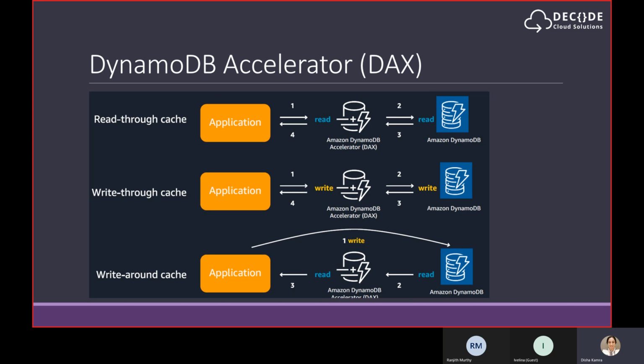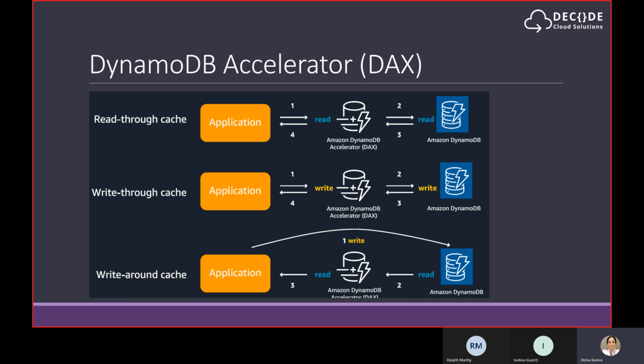DAX is fully API compatible with DynamoDB, so clients need only initialize a session using a DAX driver instead of the normal DynamoDB SDK session initialization. From there, all the regular DynamoDB API actions and SDK functions for data operations are the same.